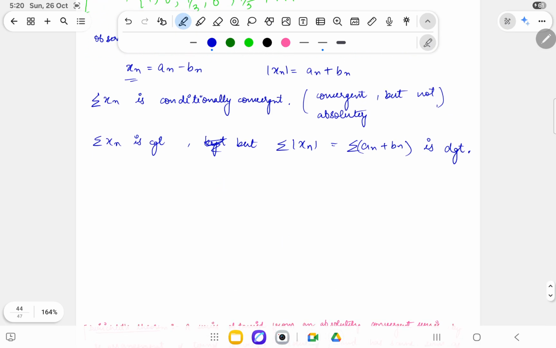Now if this is divergent, then at least one of an or bn should be divergent, because only then is this sum divergent. So from here we can conclude that either summation an or summation bn diverges.